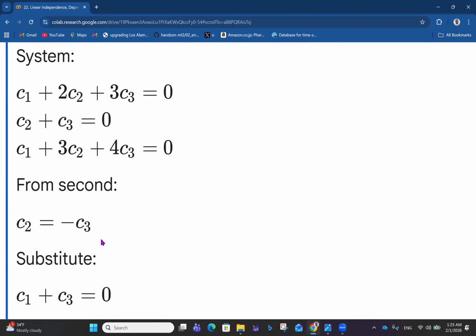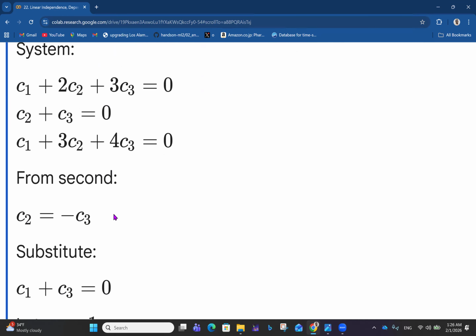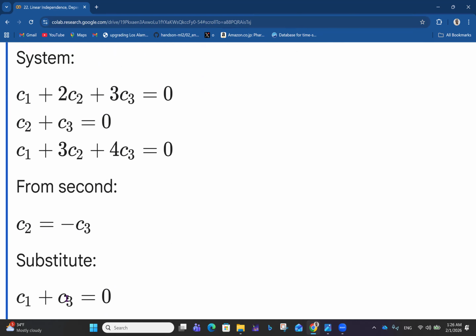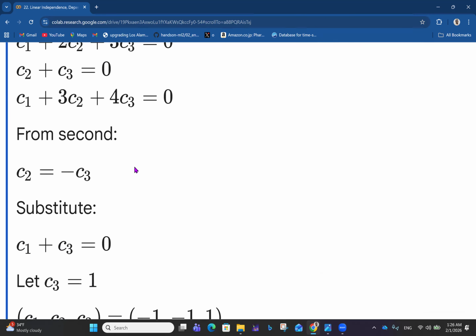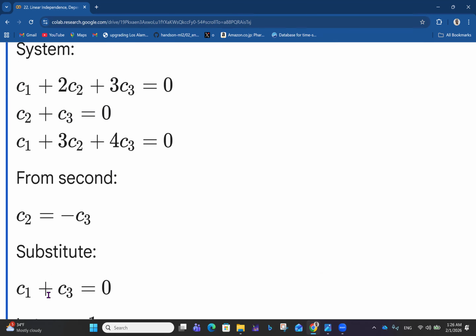So if you substitute minus C3 for C2 here, this will be minus 2C3. So 3C3 minus 2C3 will give us plus C3. That's why here we have C1 plus C3 equals 0.